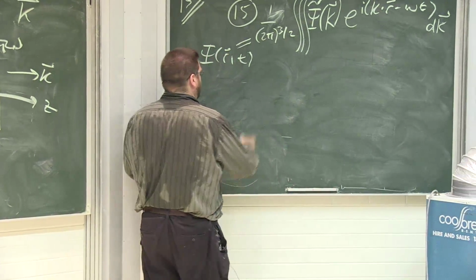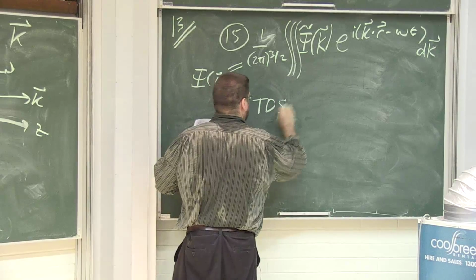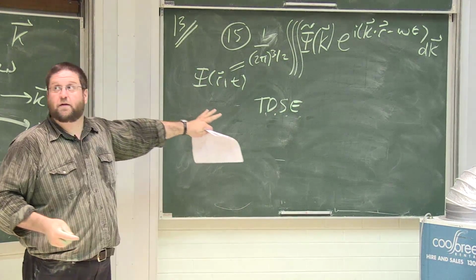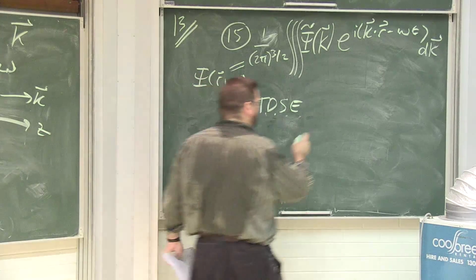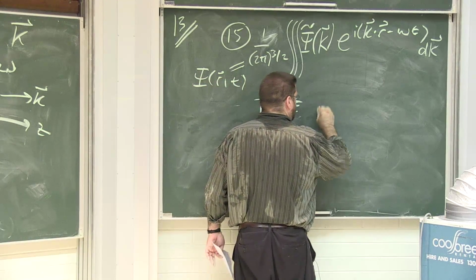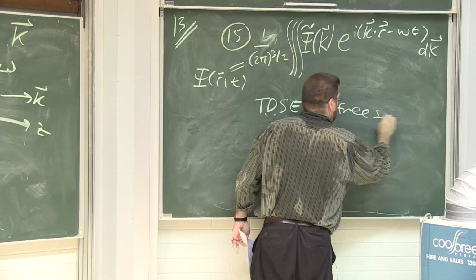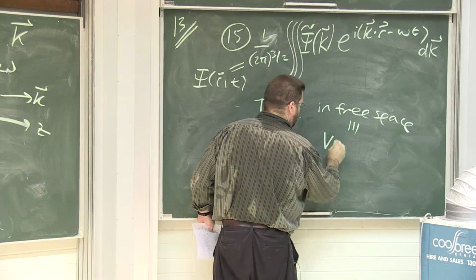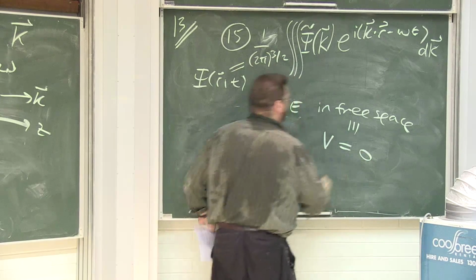The question is to prove that equation 15 obeys the time-dependent Schrodinger equation in free space. And when I say in free space, that's synonymous with setting the potential V of r, t to naught.